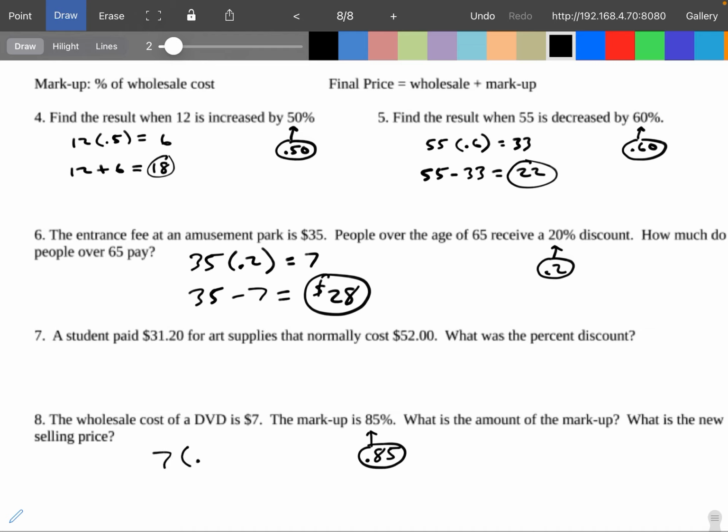What's that? 0.85. Yep, good. So we're just going to find 85% of the $7. So we're just going to go 7 times 0.85. So that gives us, that's $5.95.